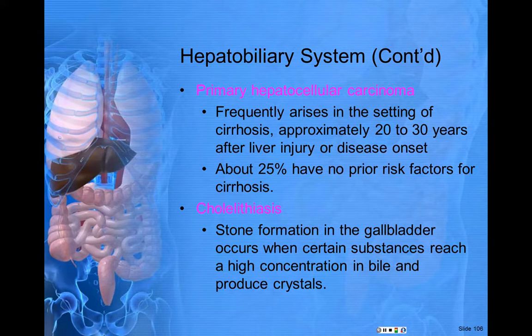So hepatocellular carcinoma arises in the setting of cirrhosis approximately 20 to 30 years after liver injury or disease onset. About 25% have no prior risk factors for cirrhosis, which means that not everyone with cirrhosis is an alcoholic.